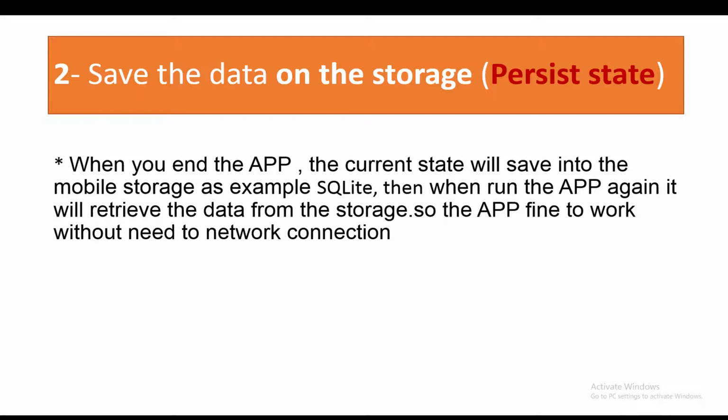In the first level, you can't keep the state after ending the app, but in this level, you save the state after ending the app or removing it from the memory. Now, what is the scale? Guess what?